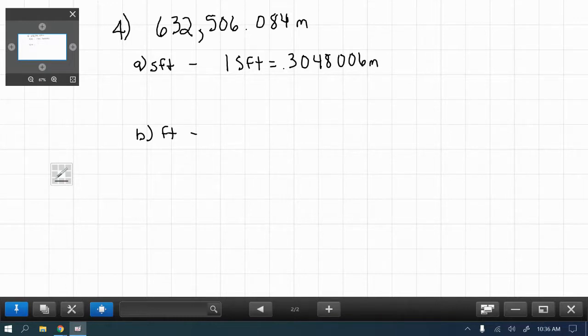So there's the conversion for the US survey. So that was the one that was in 1893. Then in 59, they came up with the international foot.